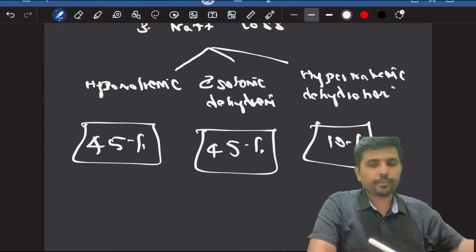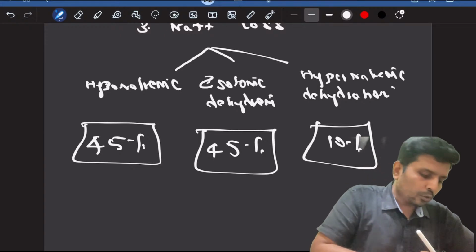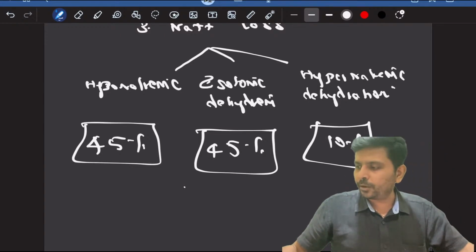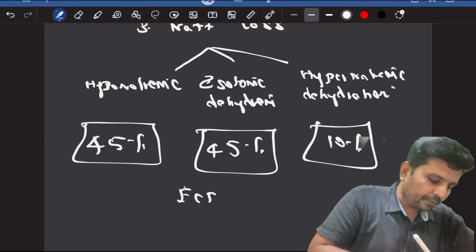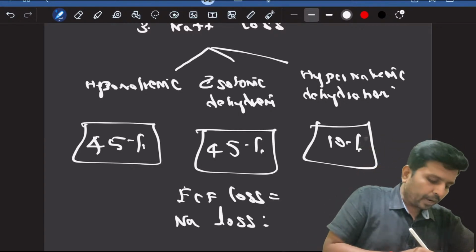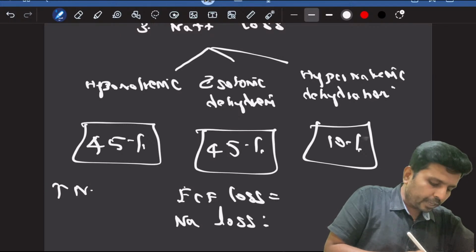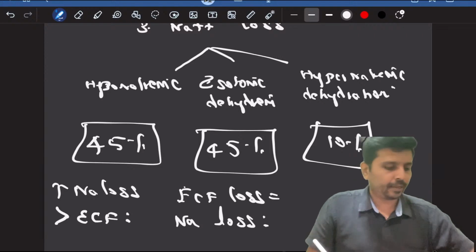What do you mean by that? When you lose sodium and ECF equally, it is called isonatremic. When you have more sodium loss compared to ECF loss, it is called hyponatremic.